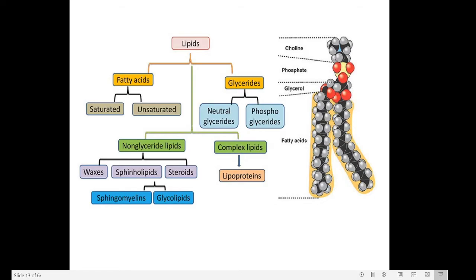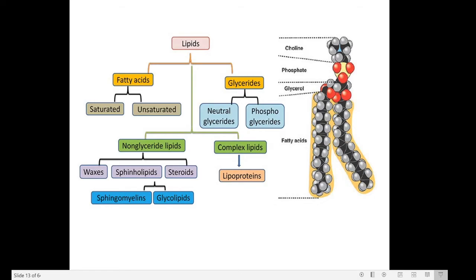Sphingolipids are divided into two types. Why I am mentioning this table is that they ask a question about glycolipids, whether it comes under the non-glyceride lipid variety or the glyceride variety.